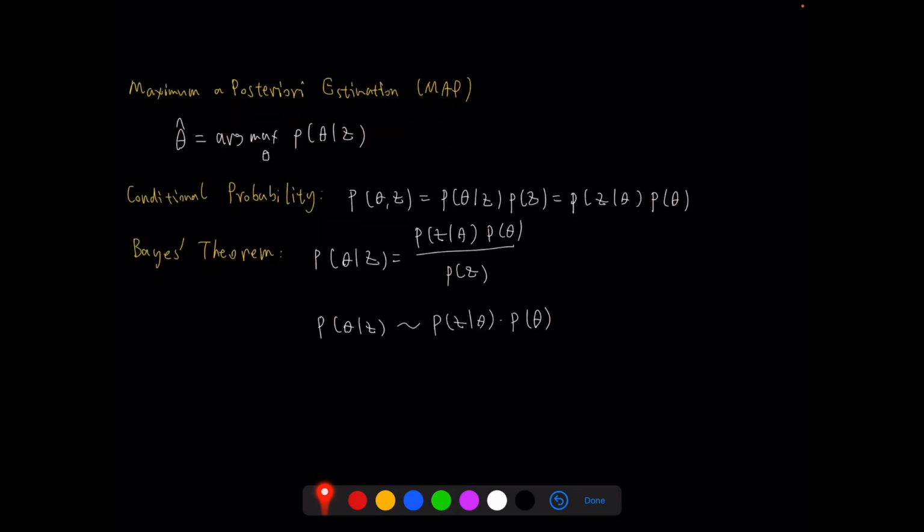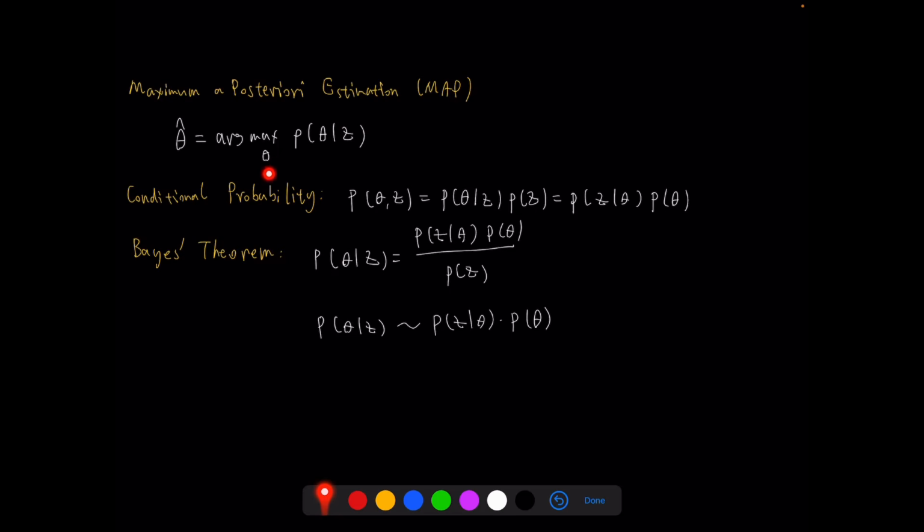Then what's MAP? MAP is another estimation technique to estimate values given the measurement. Basically, it's defined as: if we are given a measurement, then what's the probability of our best estimate?